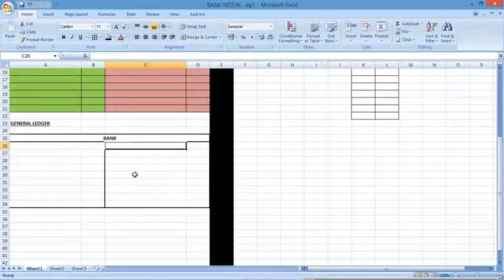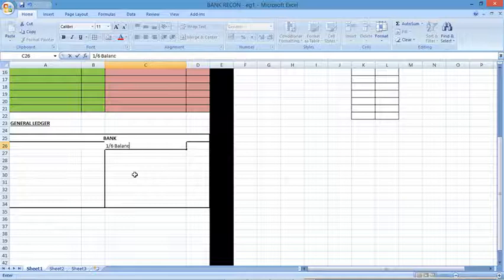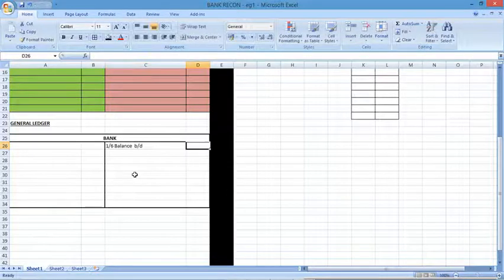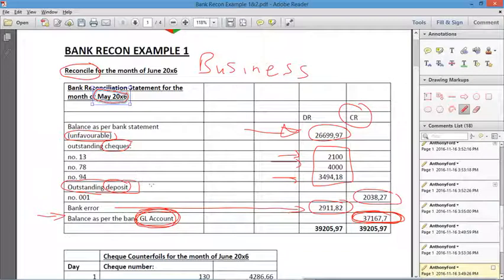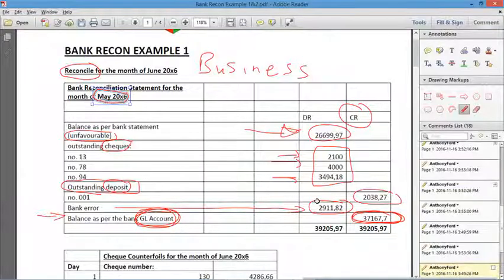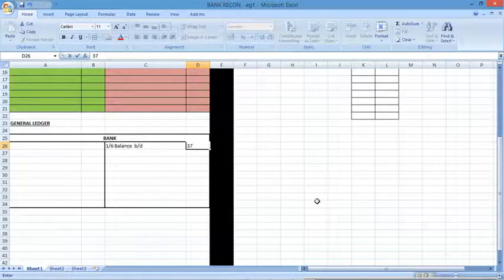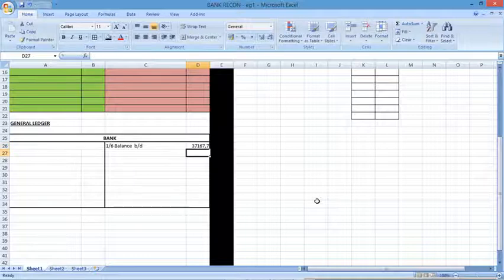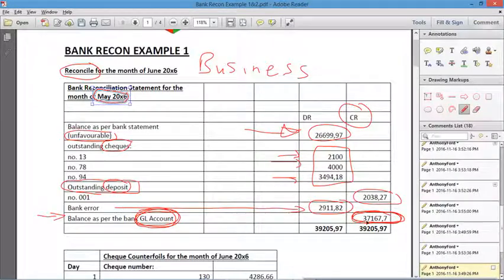So this is May's balance, which is the opening for June. You'll have the balance brought down, and we'll have the amount that we saw here: 37,167.70. That's the balance that I've got there.